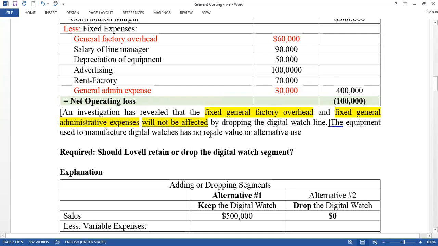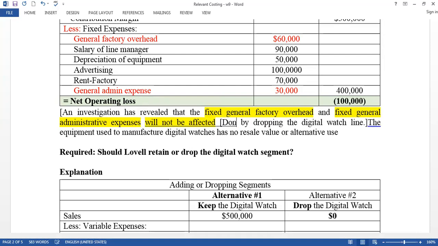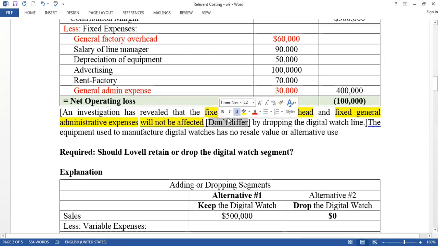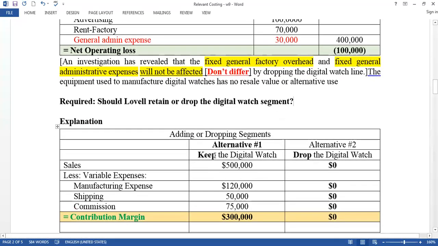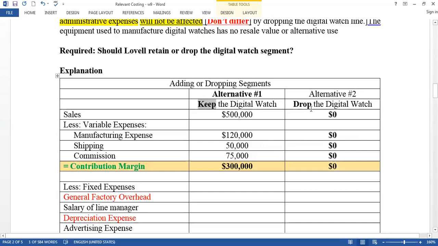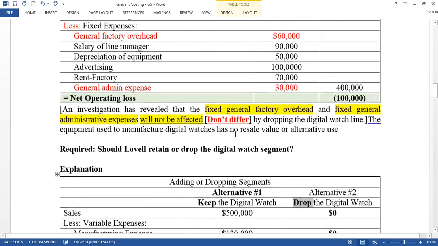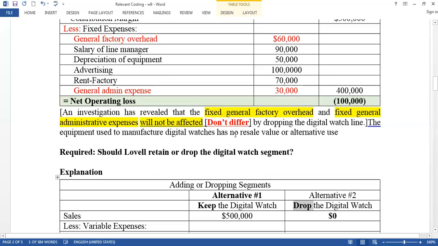Differ or don't differ? Don't differ. That means there is no difference if you keep it or drop it. If you keep the digital watch line or if you drop the watch line, these two items do not have any difference. Okay, you have to continue this cost whether you keep it or not.